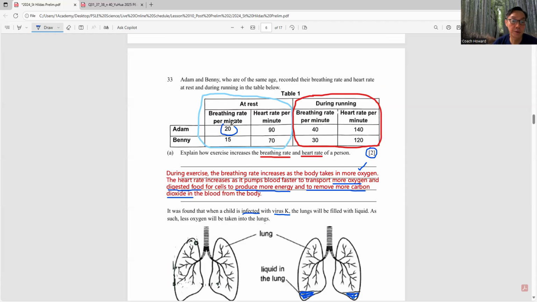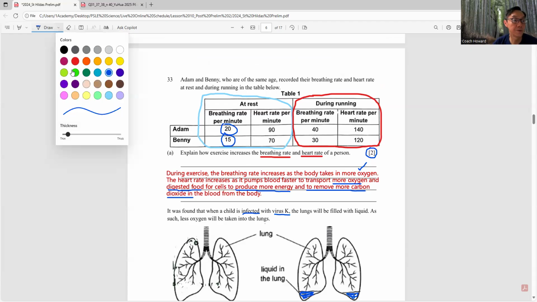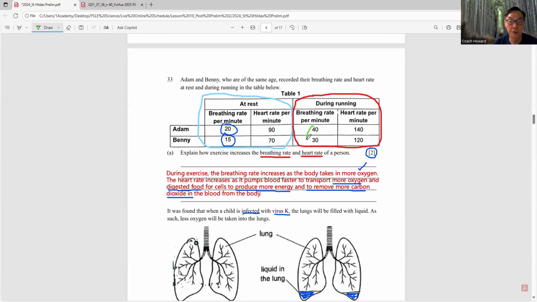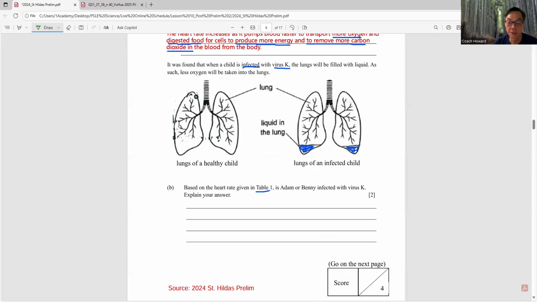Okay, so can you see here? Adam's breathing rate is always higher than Benny during at rest and also during running. So it concludes that Adam is an infected child. So this we call the systematic reasoning.